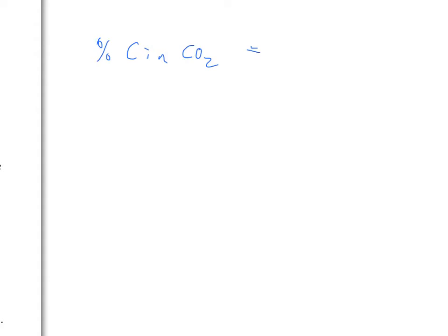So in CO2 there is 1 carbon, so the molar mass is 12.01 divided by the molar mass of CO2, which is 44.01, and if I times that by 100, the percent carbon is 27.3. I'll just use 3 sig digs on this.